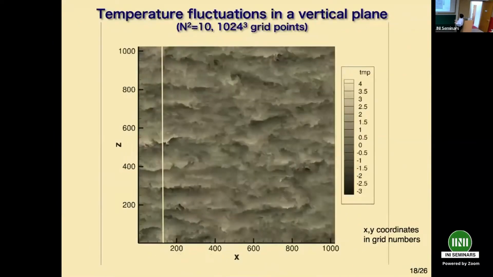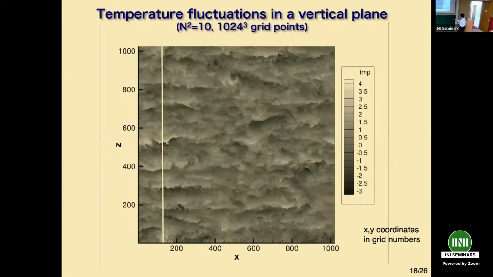So here's one snapshot of temperature fluctuations in a vertical plane. To see the structures, I plotted with grayscale. White is where temperature fluctuation is large and positive, and black is negative. We see some layers, but it looks like just turbulence.